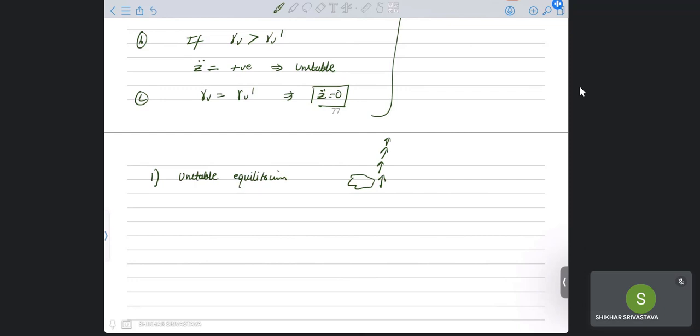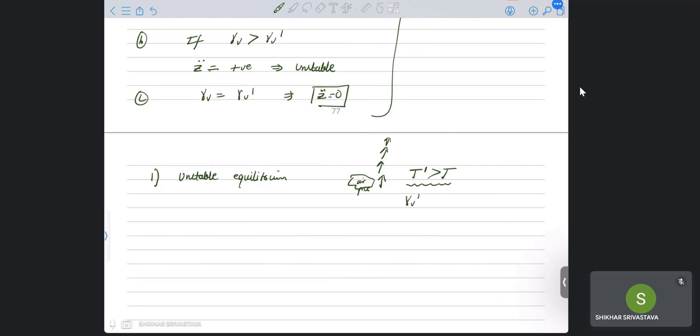This kind of equilibrium occurs only if the air parcel will keep on moving upward because it is warmer than its surroundings. If the temperature of the parcel is greater than the temperature of the surrounding, then it will be lighter because it is warmer, so density will reduce, so it will keep rising.